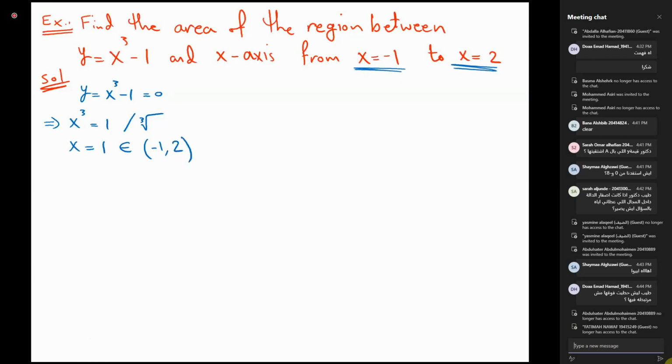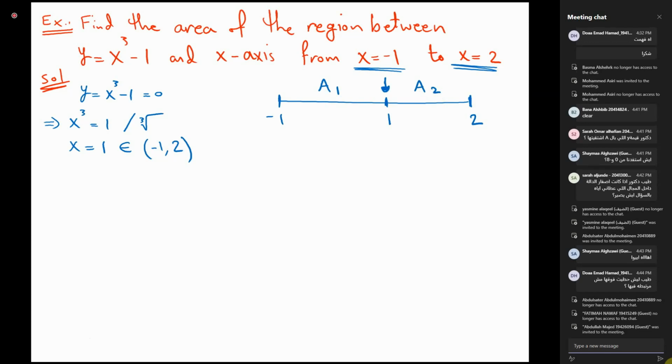So we need to find the area from -1 to 2, but we have the zero at 1. So the zero at 1 is between -1 and 2, so we have two areas: A1 from -1 to 1, and A2, the second area, from 1 to 2.